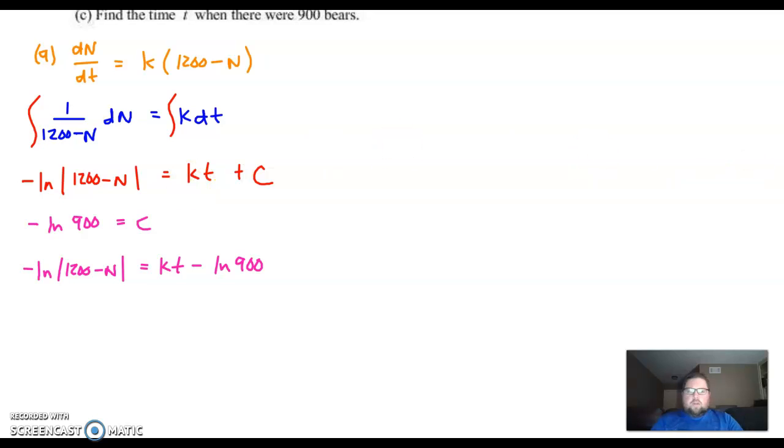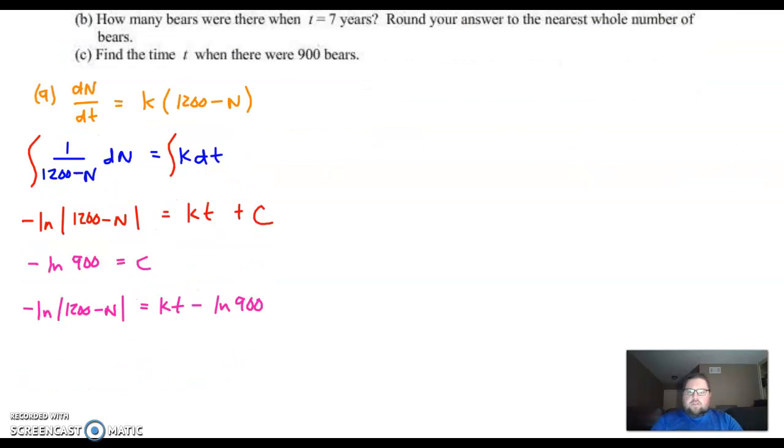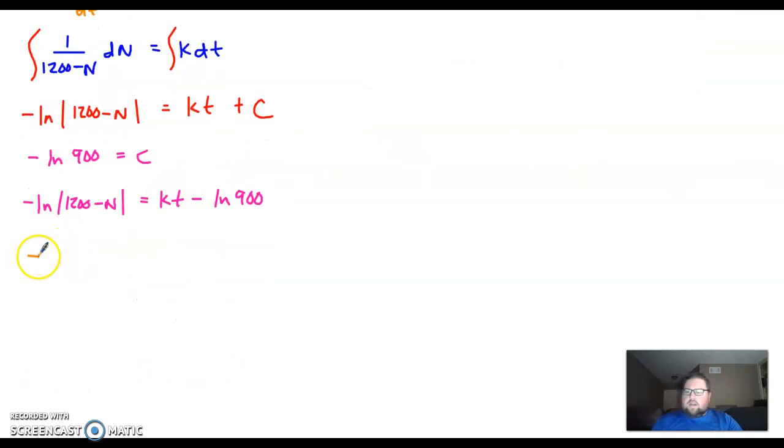All right, and then we're going to plug in our other initial condition, which is 4 and 600. So we get negative natural log of... no, that's not right. 1200 minus 600 is 600. Is equal to 4k minus natural log of 900. All right, so we add our natural log over here.